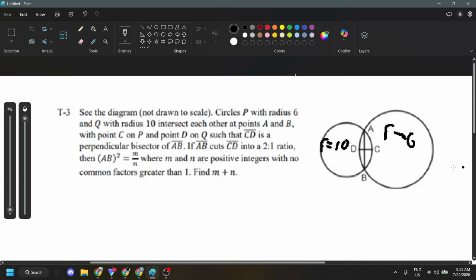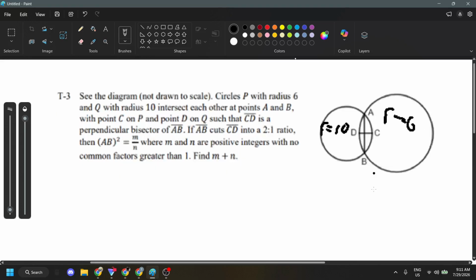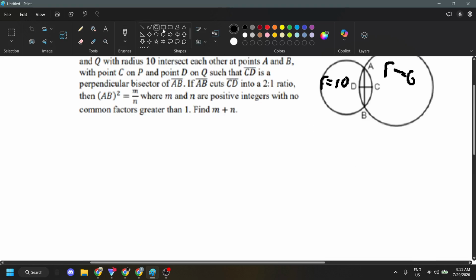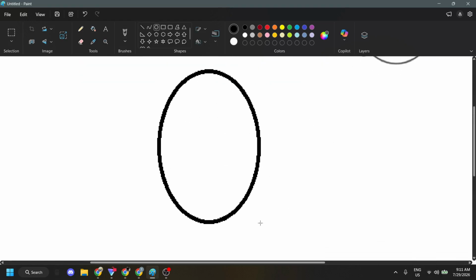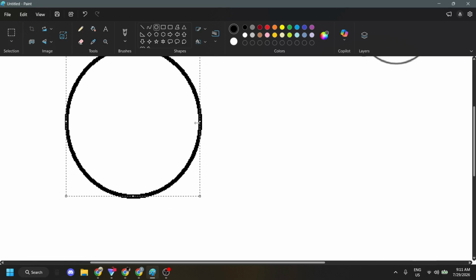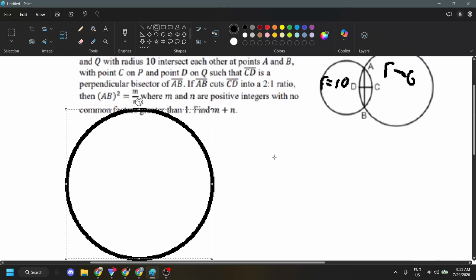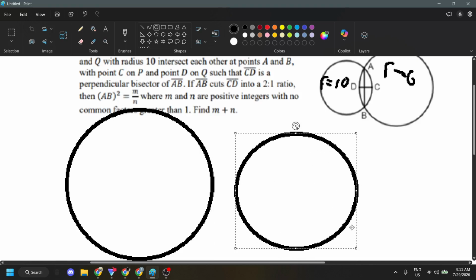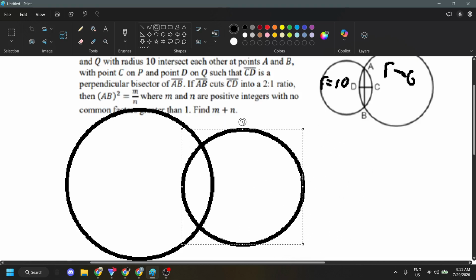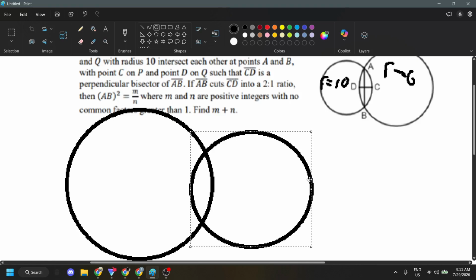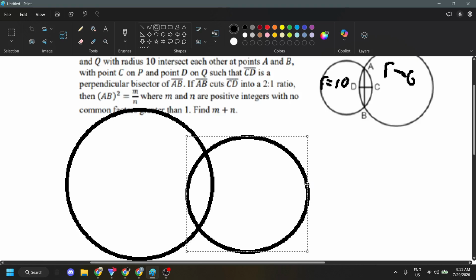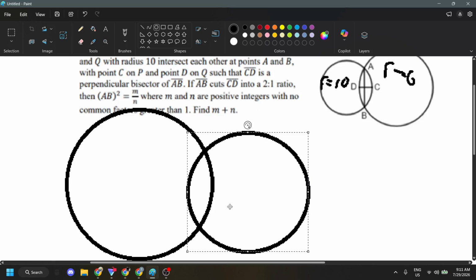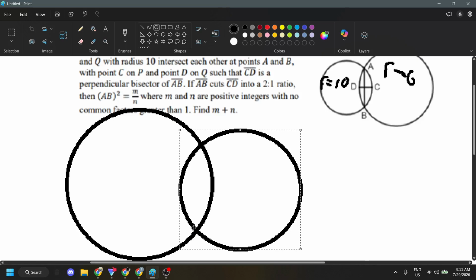Okay. So my first thought here is, let's draw this again, but more accurately and larger. So we have this, and then we have this. So it cuts in a 2-to-1 ratio, like this.